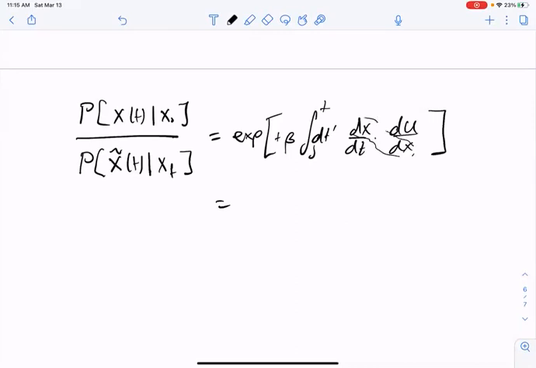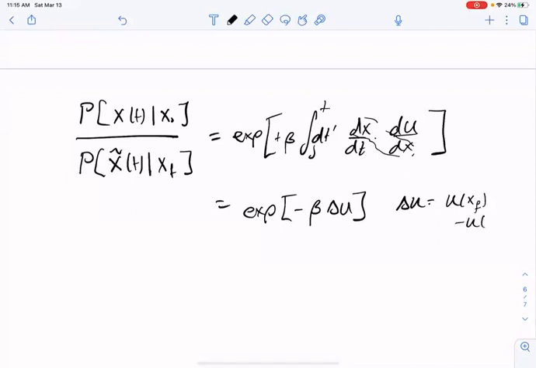That is the same thing as du dt integrated over t, which is just e to the minus beta delta u, where delta u is u of x f minus u of x naught.